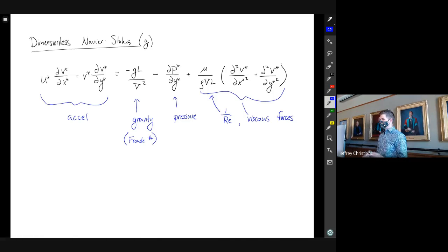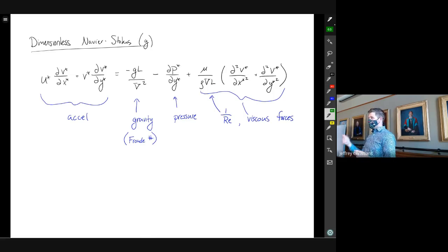Okay, so what forces are important? Well, we can use the magnitude of those different groups to tell if that is big or if it's small. So for example, the flow that we looked at where I had this cylinder and I turned the inside cylinder and it mixed up the food coloring, and then we turned it back the other way and it unmixed it.